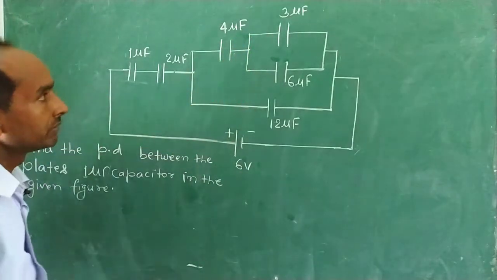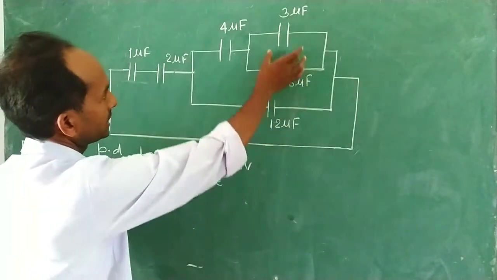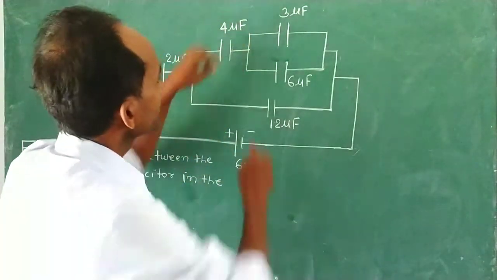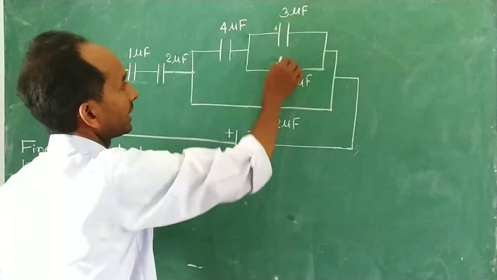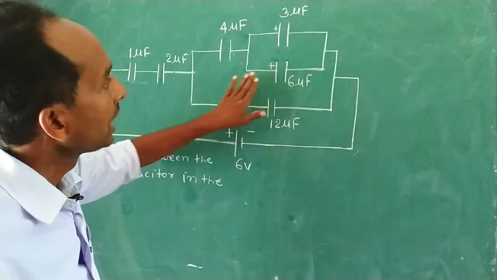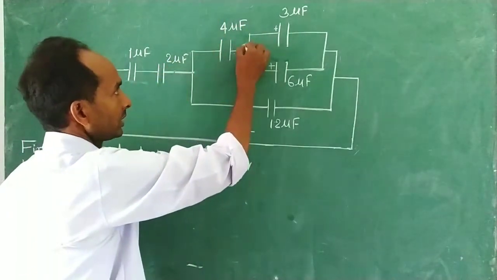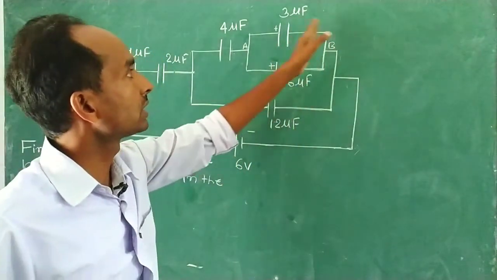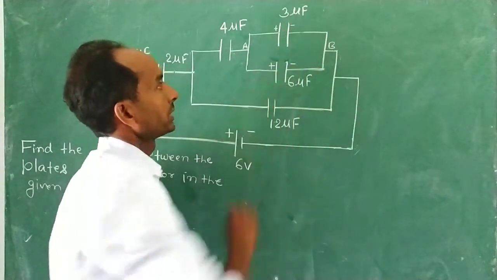In this case, we see that 3 microfarad and 6 microfarad are connected in a parallel combination, because the first plate of the 3 microfarad capacitor and the first plate of the 6 microfarad capacitor are connected between the points A and B. The second plate is connected to the other point B of the negative plate.